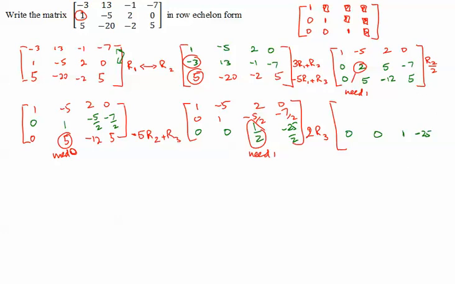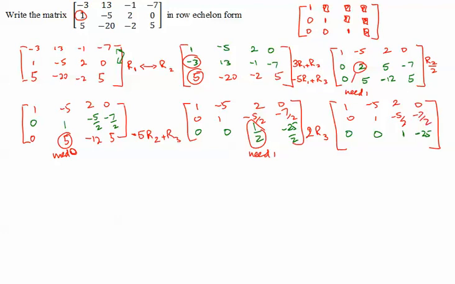And I'm going to recopy the rest: 1, minus 5, 2, 0, and 0, 1, with a negative 5 over 2 and negative 7 over 2. Let me write them nicely. And now this is row echelon form.